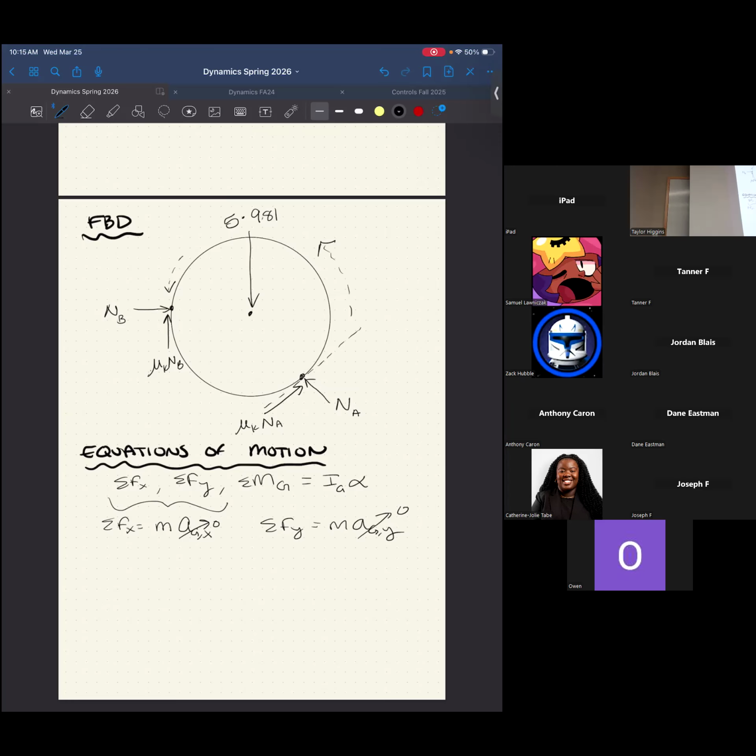Beautiful. What are my 3 unknowns? N_A, N_B, and alpha. Beautiful. Very good. Now, what if we didn't know, based on the geometry of the picture, the direction that N_A and N_B point? If we didn't know which direction those vectors pointed in, then would we be able to solve?